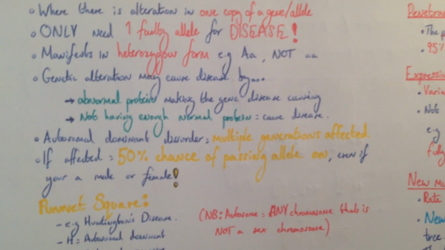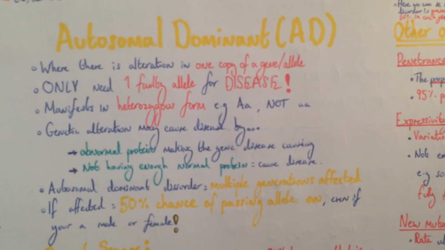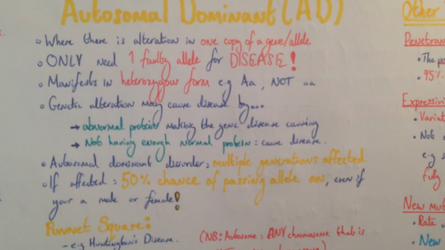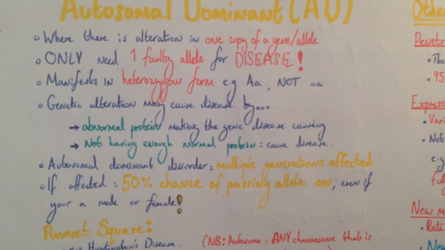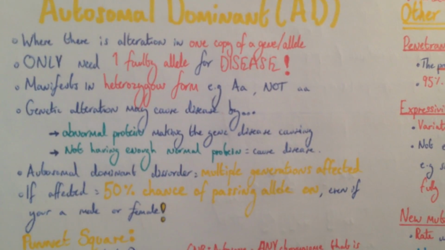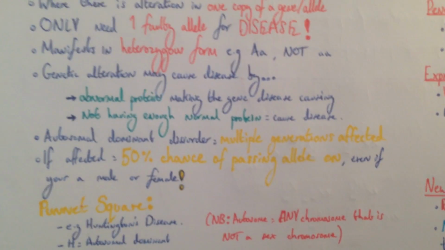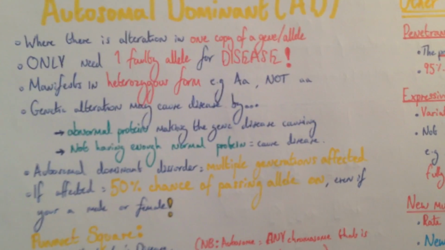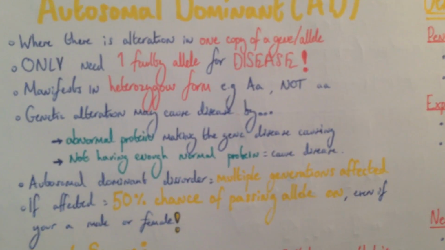So you only need one faulty allele, and this faulty allele has to be dominant, obviously, and that's represented by a capital letter, whereas recessive is represented by a small lowercase letter.